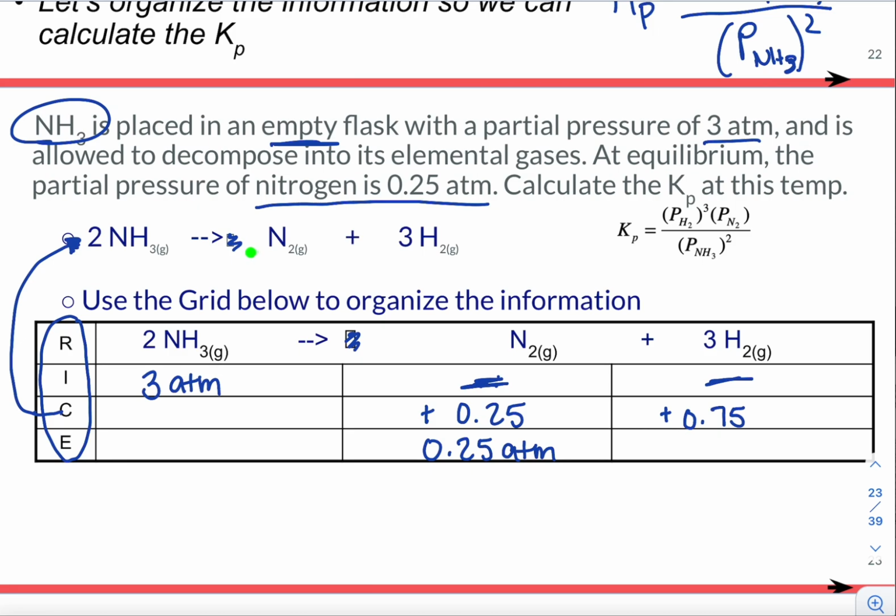So again, if we have one N2, we needed 2 NH3s to get there. So here, if we have 0.25 atmospheres of N2, that means we had to use 0.5 atmospheres of NH3.